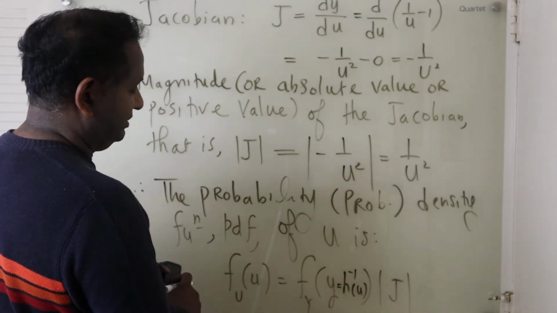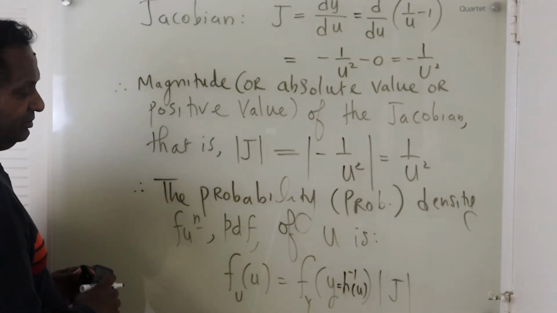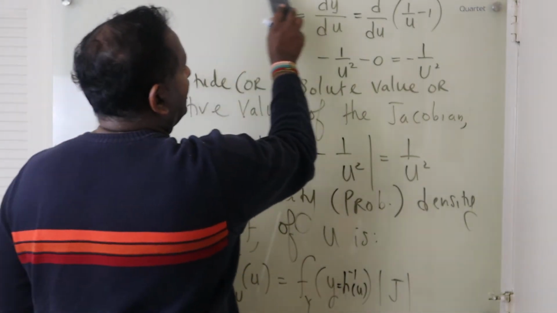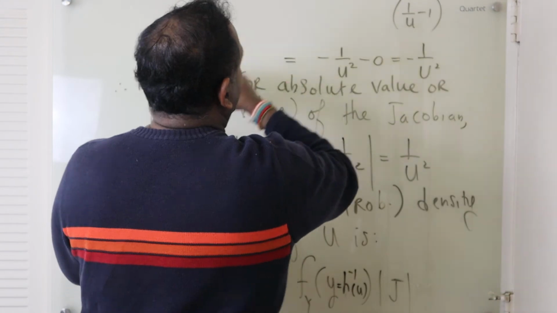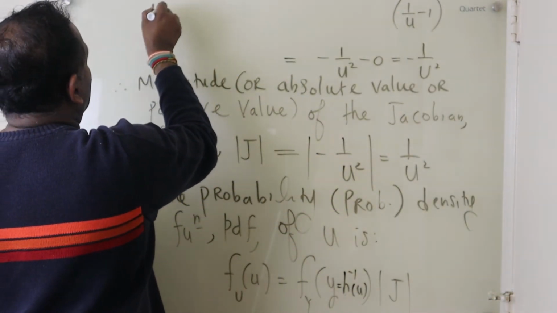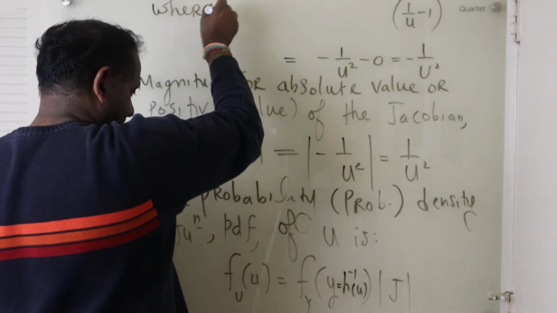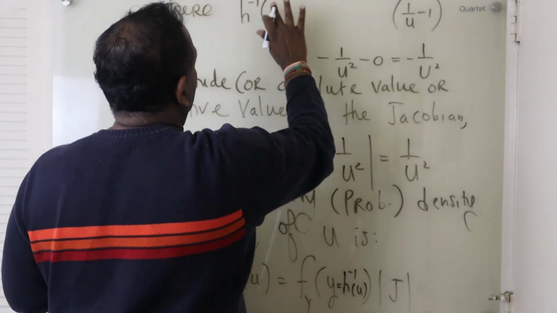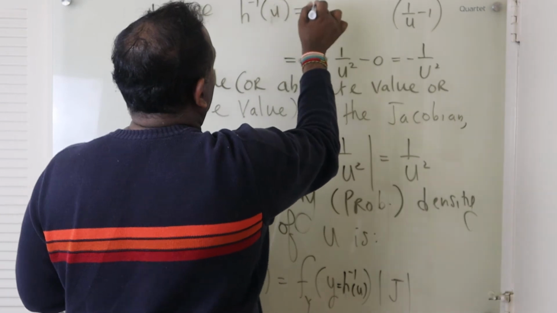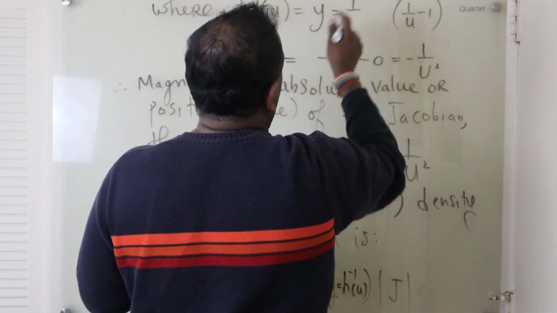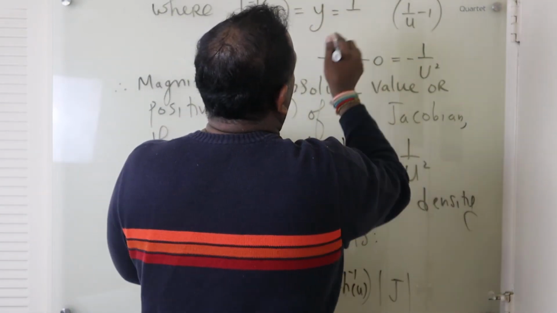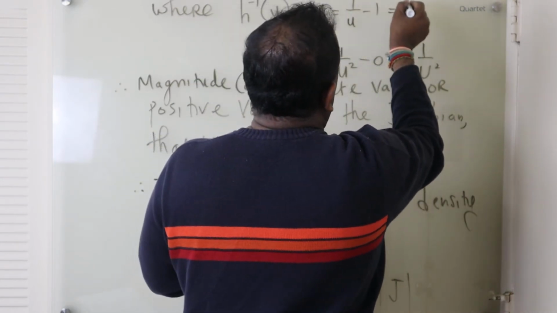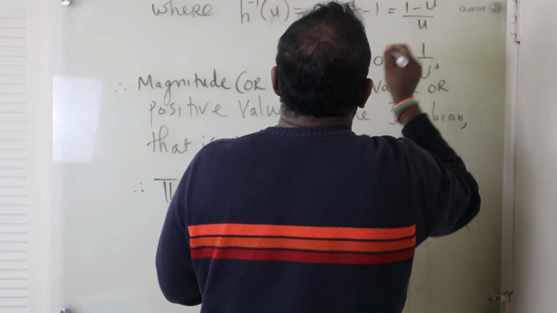Where h inverse of u is nothing but y, which is 1 over u minus 1, or 1 minus u over u. That's what we had there.